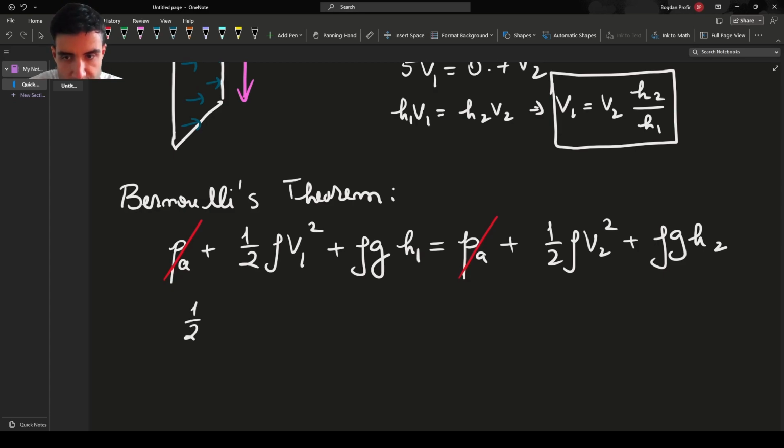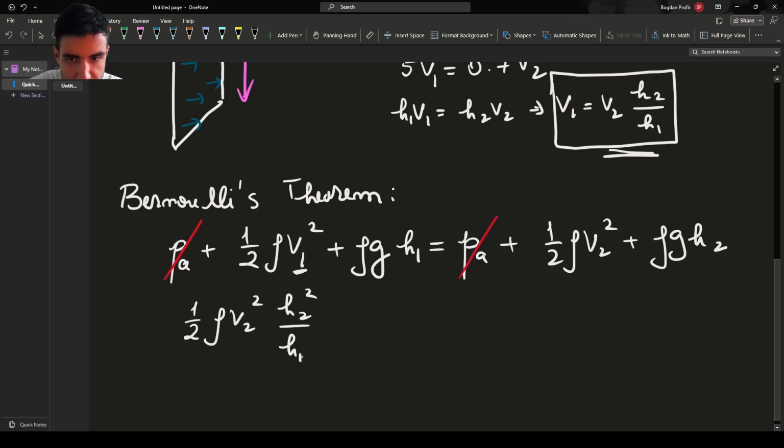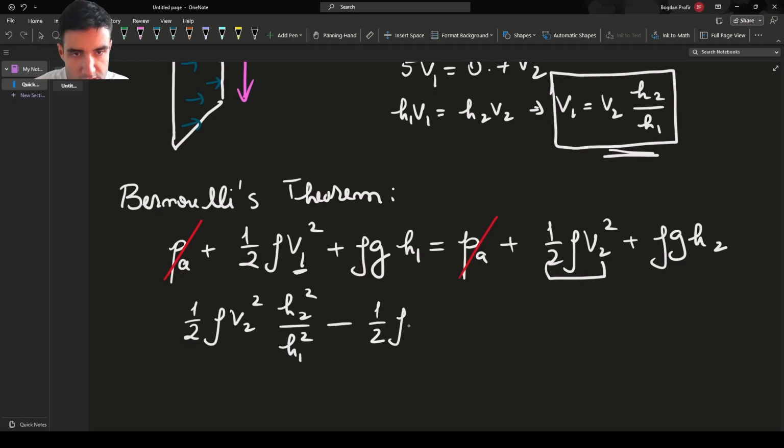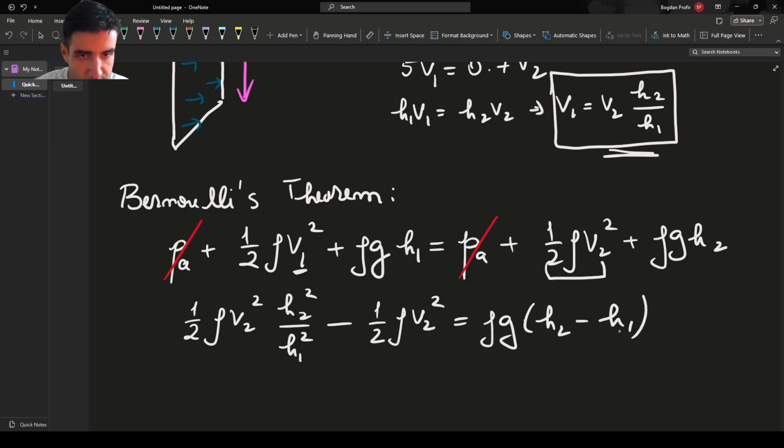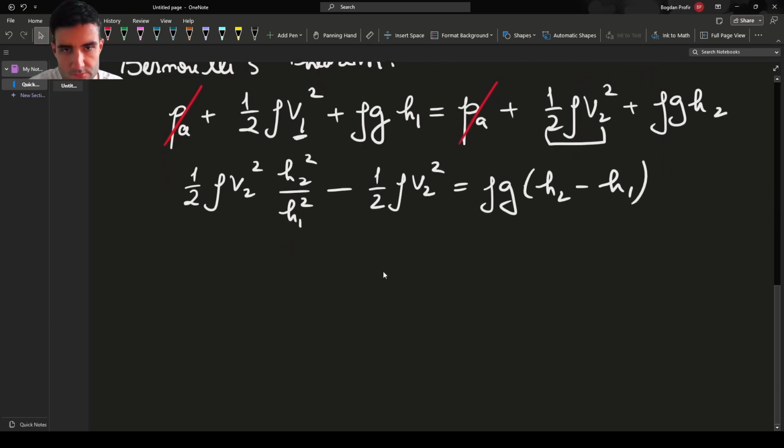So I'm going to say that 1/2 rho, so V1 squared is this. So that's V2 squared, and then H2 squared over H1 squared plus, or actually, let's try this. I'm going to bring this to the left side. So this is minus 1/2 rho V2 squared, and that's rho g, and then we have H2 minus H1, like that.